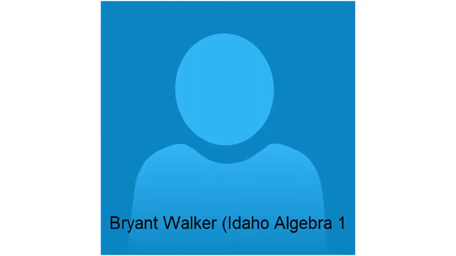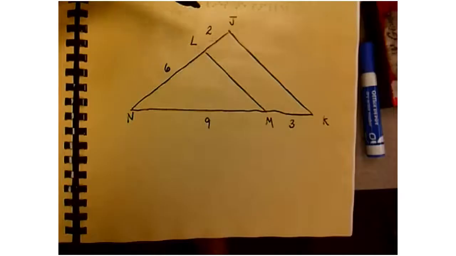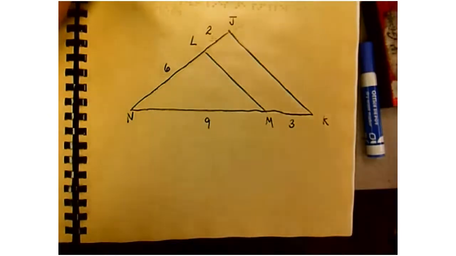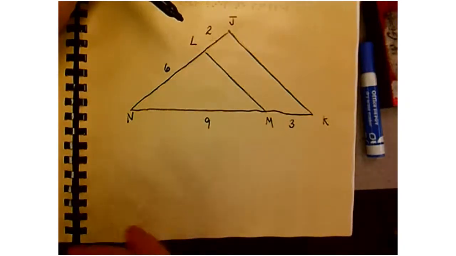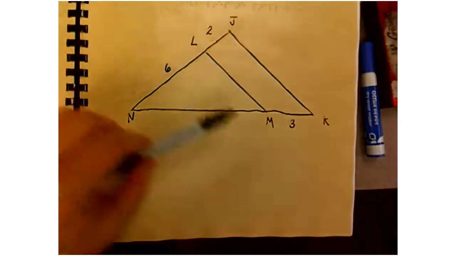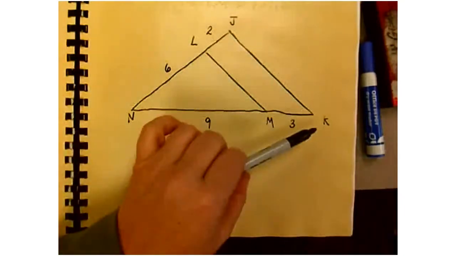Because if you simplify them, they're both 1 to 3. Excellent, yes. So 2 to 6 is the same as 3 to 9. So those are proportional. Yeah, excellent. Paying attention there. So because those are proportional, we're able to say that line LM is parallel to JK.